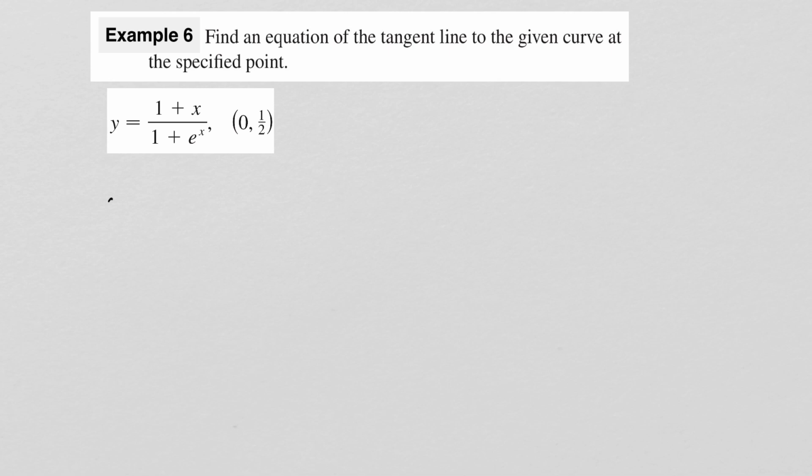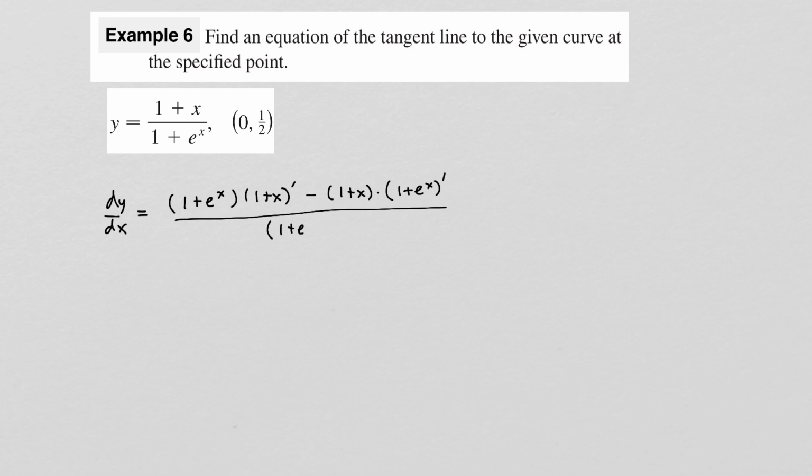So first we need the derivative, so dy dx is going to be found by using the quotient rule, which says we take the bottom function and multiply it by the derivative of the top, minus, then we take the top function and we multiply it by the derivative of the bottom, and then divided by the bottom function squared.